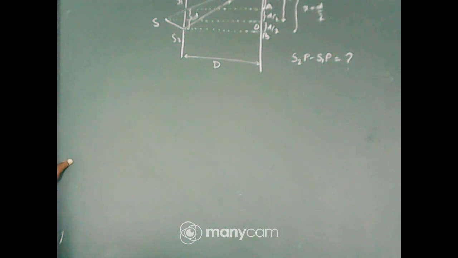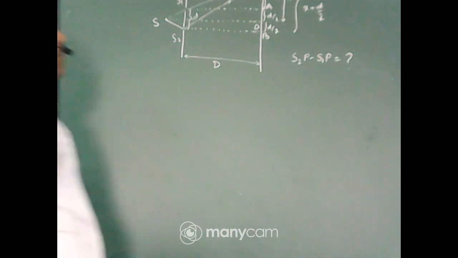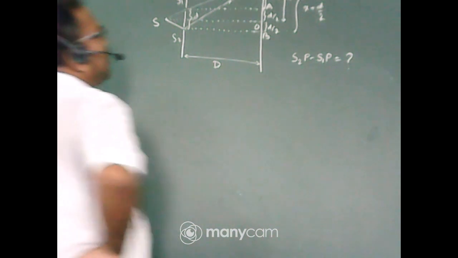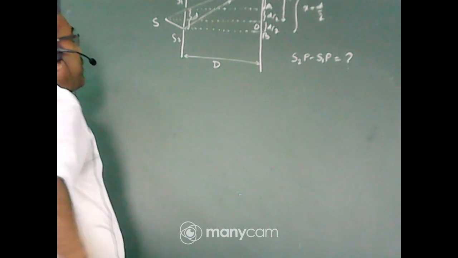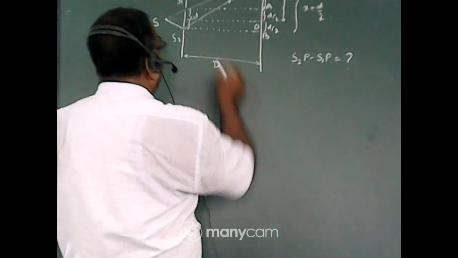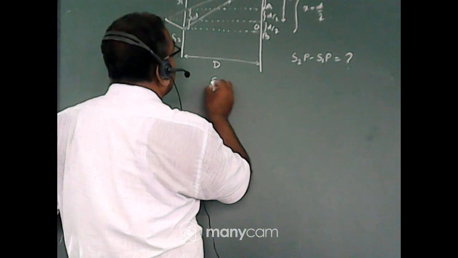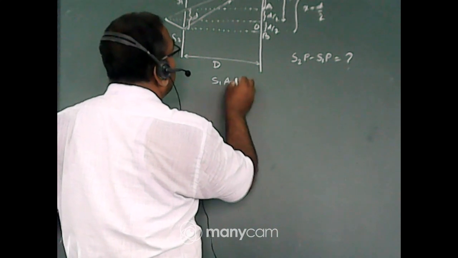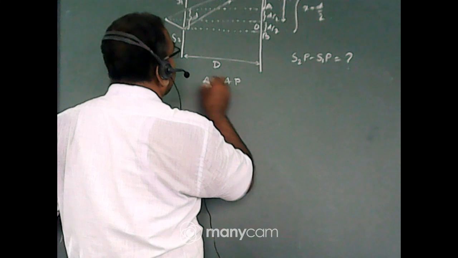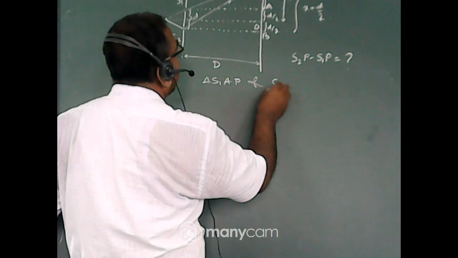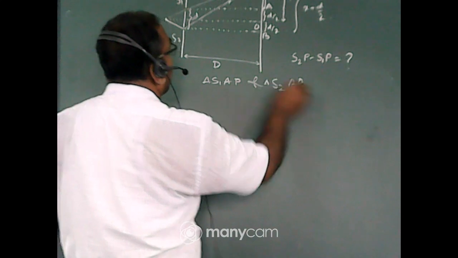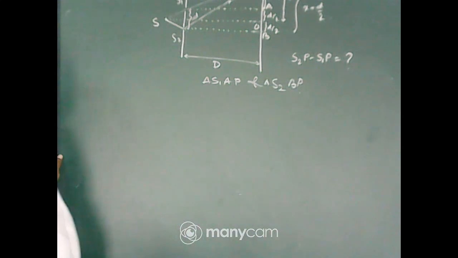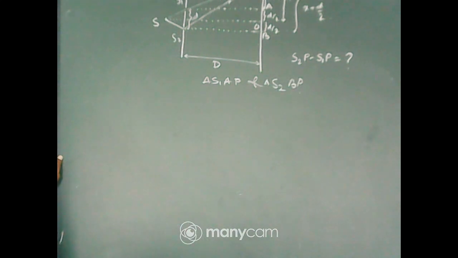What will be the path difference between the two waves? How can I derive it? It is totally geometry. The triangles S1AP and S2BP are right angle triangles.